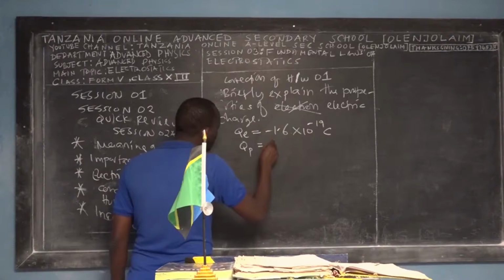For instance, if I carry charges and run at a speed of, say, 2 meters per second, the magnitude of the charges within me does not depend on the speed of my running, okay?